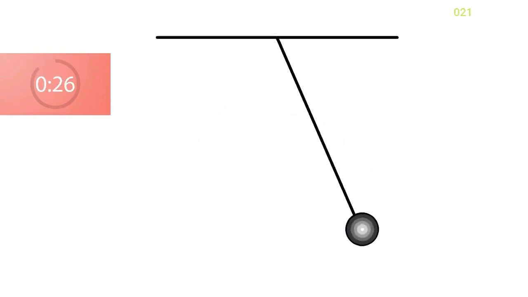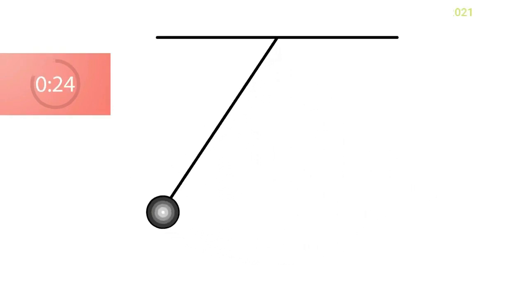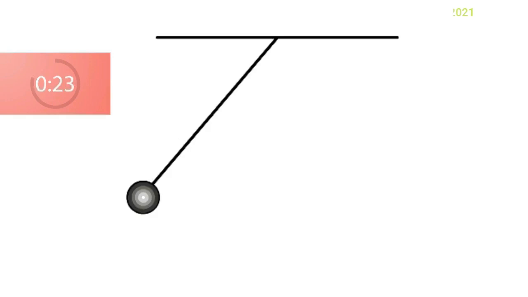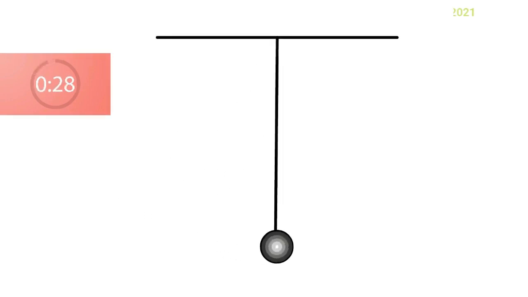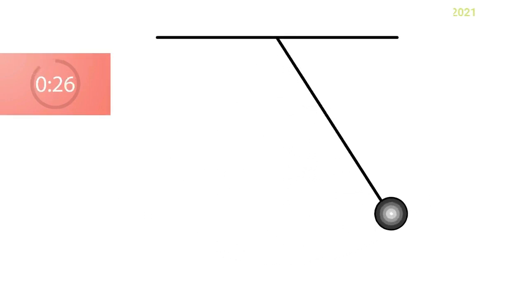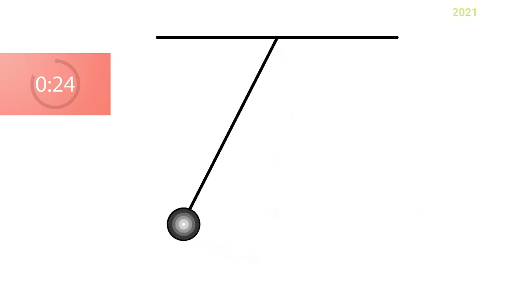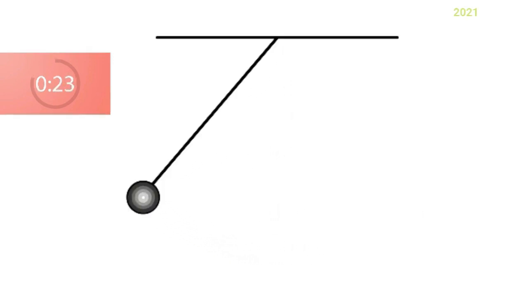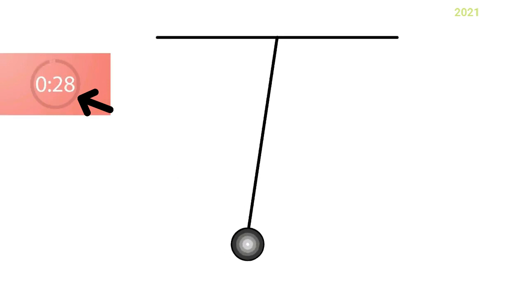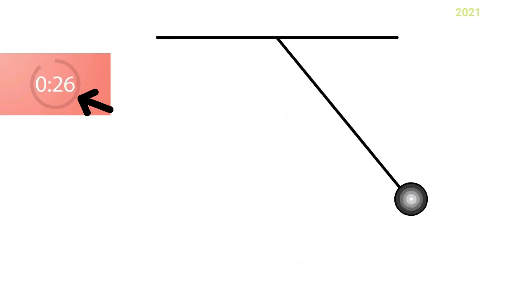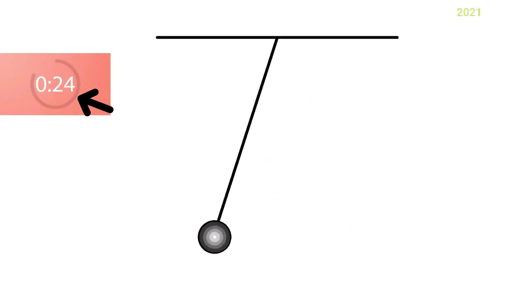In the animation shown here, it takes how much of time to complete one vibration? 7 seconds. So time period of this vibrating body is 7 seconds.